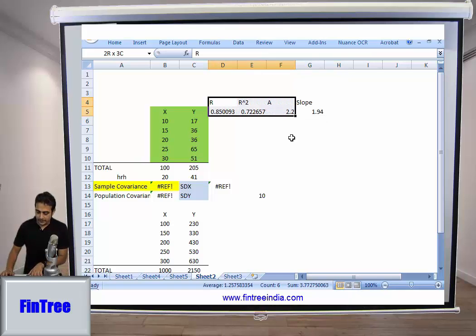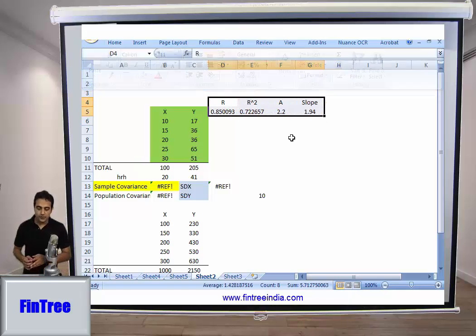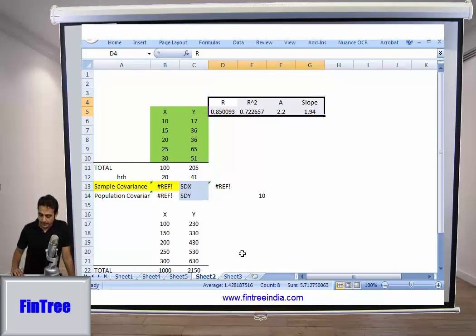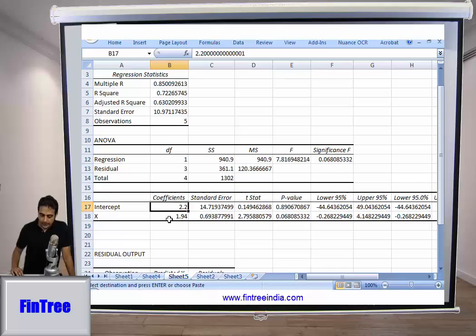So an ANOVA table essentially would calculate the same set of values for you plus some additional statistical values which could be put to use. Now, if you look at the ANOVA table that we generated, it has given us the same intercept, 2.2. Is the slope the same? 1.94.